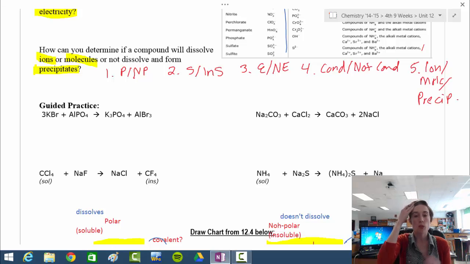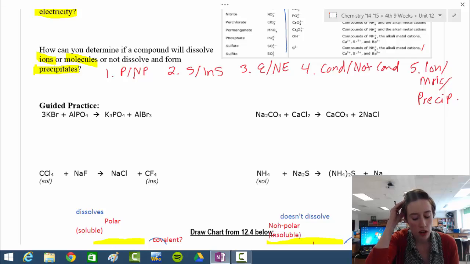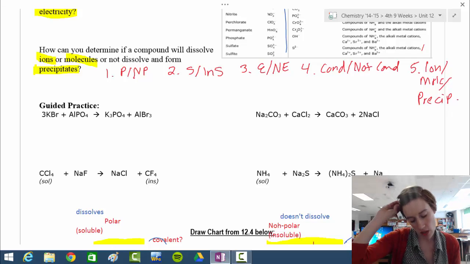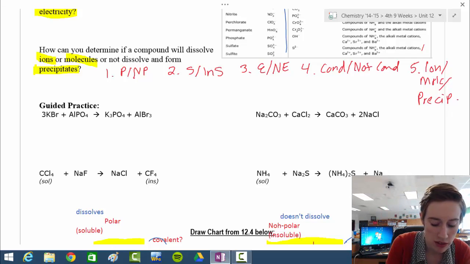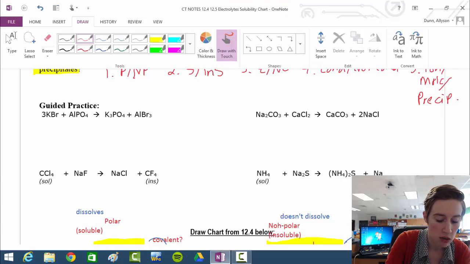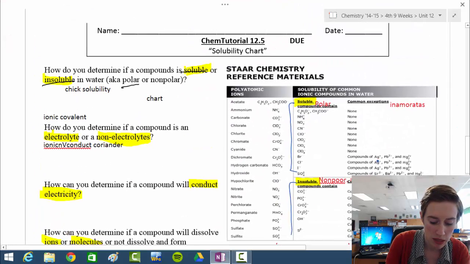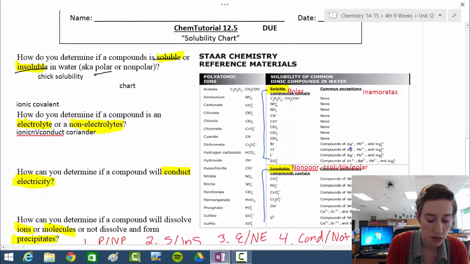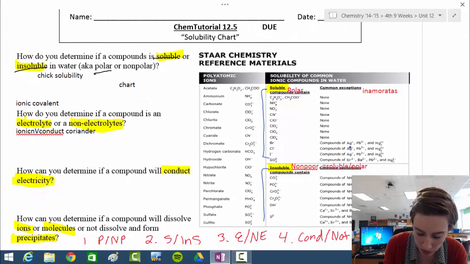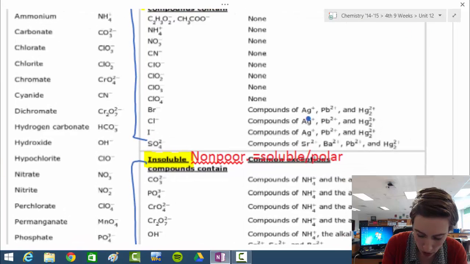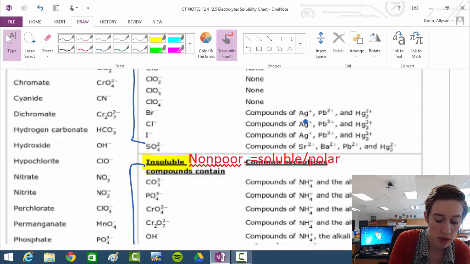Okay, so I'll do one with you and then you can do the others, or you can try the others on your own. So KBr, the first thing I need to do is find out if it's polar or nonpolar. My notes here tell me to check the solubility chart. So I got to find KBr on here. And remember, I'm always looking for the second half of the substance.